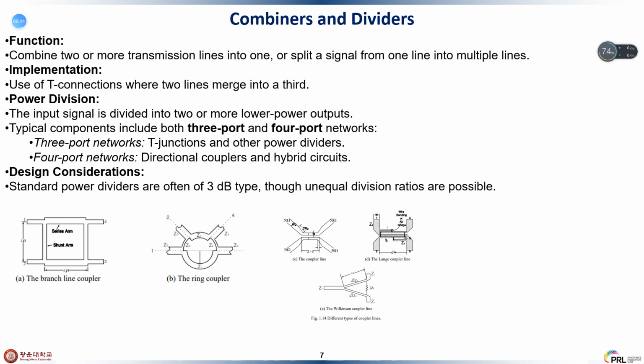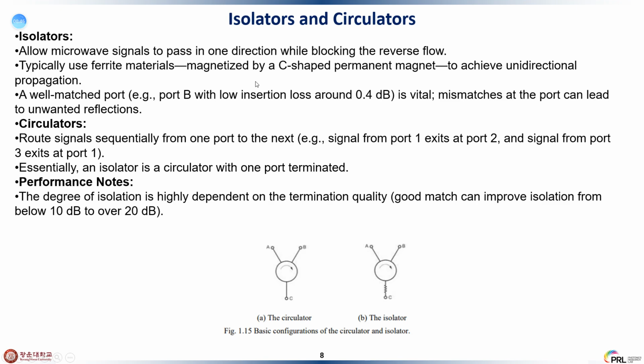Then there are isolators and circulators. An isolator allows RF signals to pass in one direction while blocking reverse signals, using magnetized ferrite material. Circulators direct the signals from one port to the next port in a rotational path.